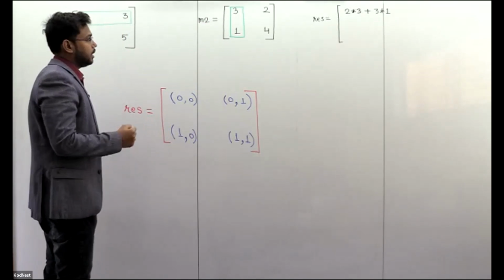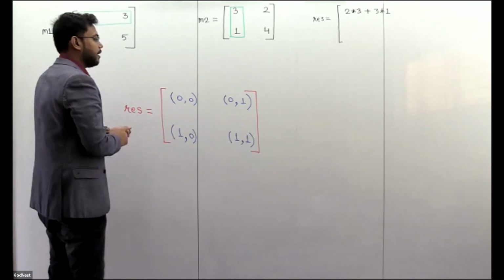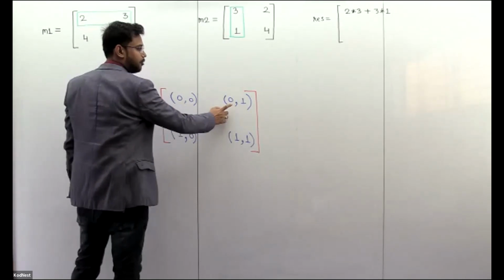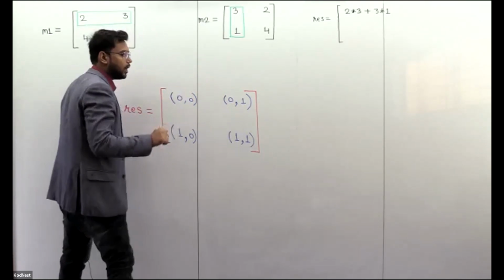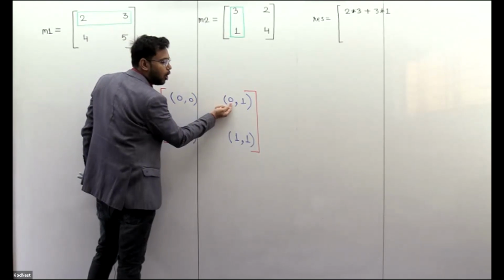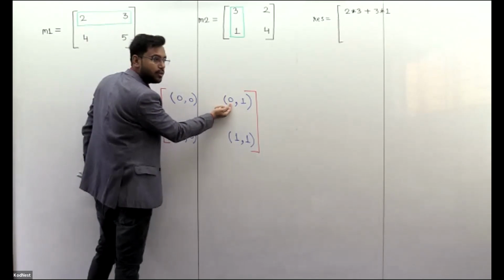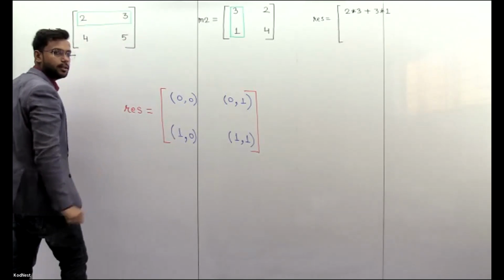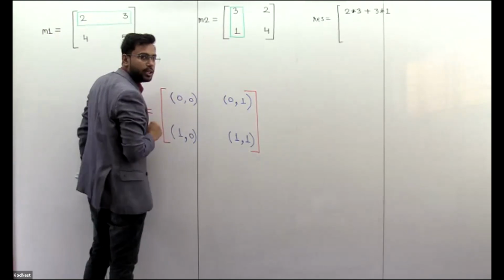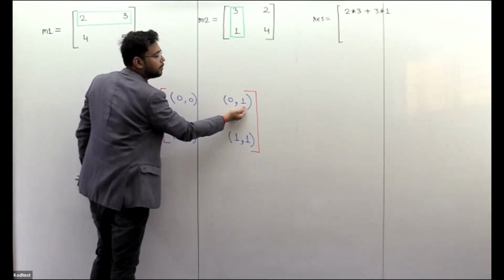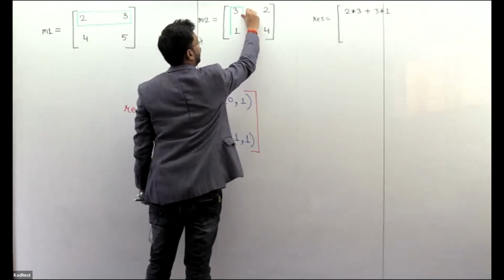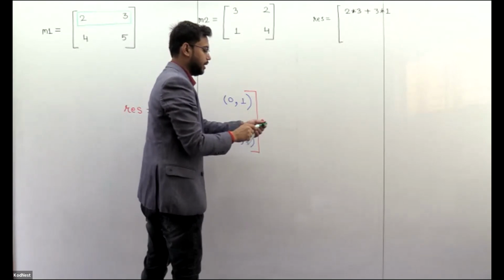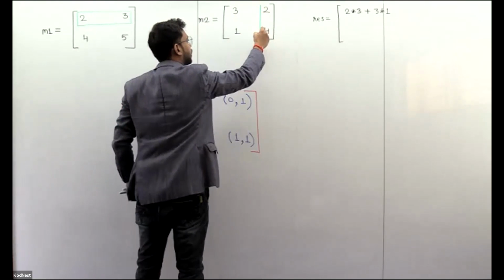Next what, sir? Now I have to find 0, 1. See here how I am taking it. Which row I have to take from the M1 matrix? The 0th row. Which column I have to take there? The first column. So now I have to consider this column.